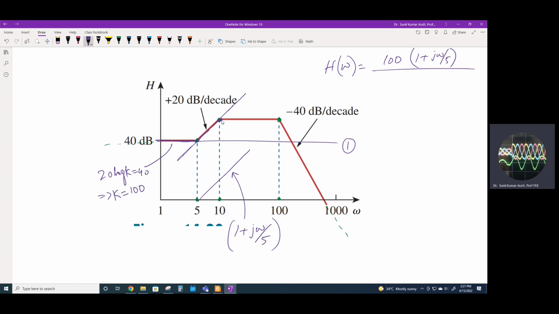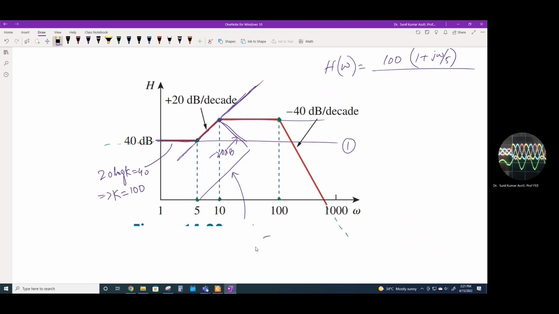Reaching omega equals 10, I have again a horizontal line. That means this positively going slope has a counterpart of a pole with the same rate in the negative direction. So there should be a zero, or sorry, a pole at omega equals 10.